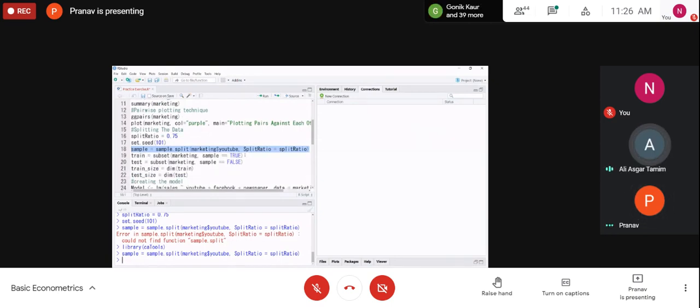Just one question regarding the splitting itself. Like you said, we can decide any ratio for the split, right? Yeah. But then, sir, usually some kind of combination will give us a very good result in terms of performance metrics. But when we are modeling, we don't want the model to be tailor-made just for this data set.